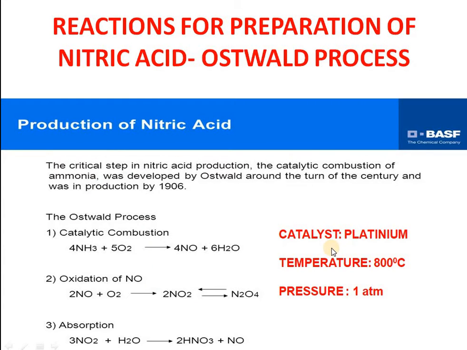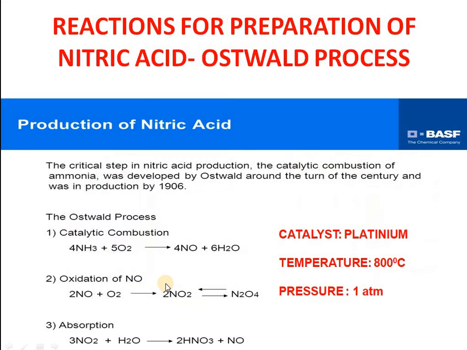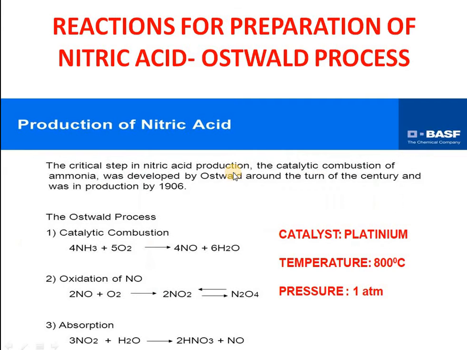So now what are the reactions taking place? In the first stage, we have added ammonia plus O2. When they ask for the ratio, sometimes they will ask the ratio of ammonia to air, then we write 1:8. Why?